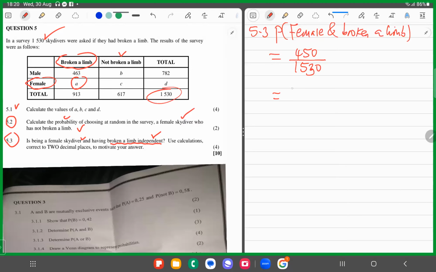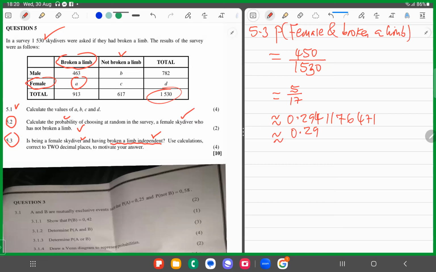You divide through, and it simplifies to 5 over 17. Using a calculator, you get 0.29476471, and this is approximately 0.29.